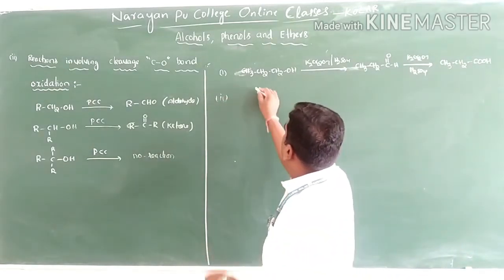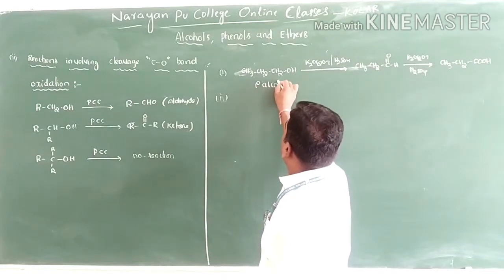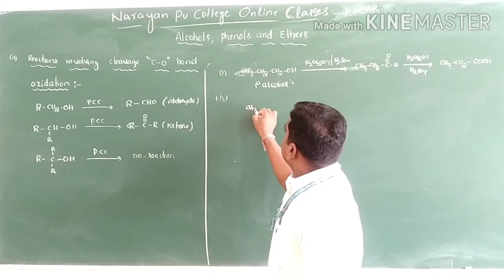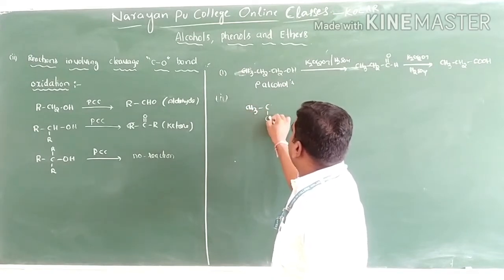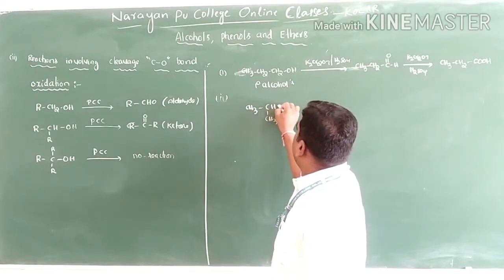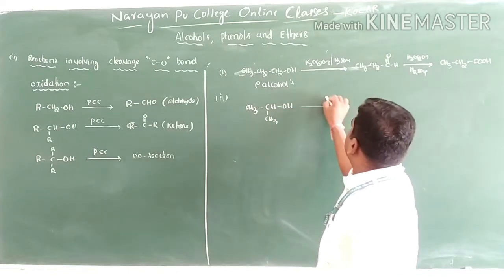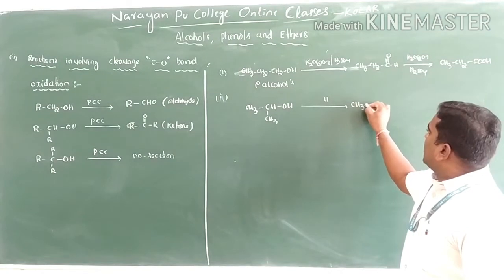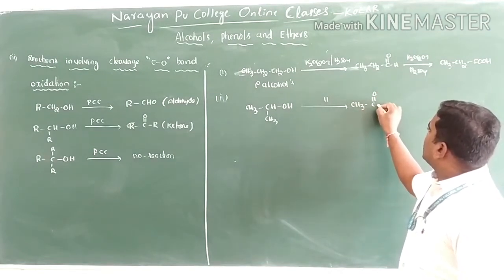This is for which alcohol? Primary alcohols. So if I take a secondary alcohol, with the same very strong oxidizing agent, first it will be converted into ketones.